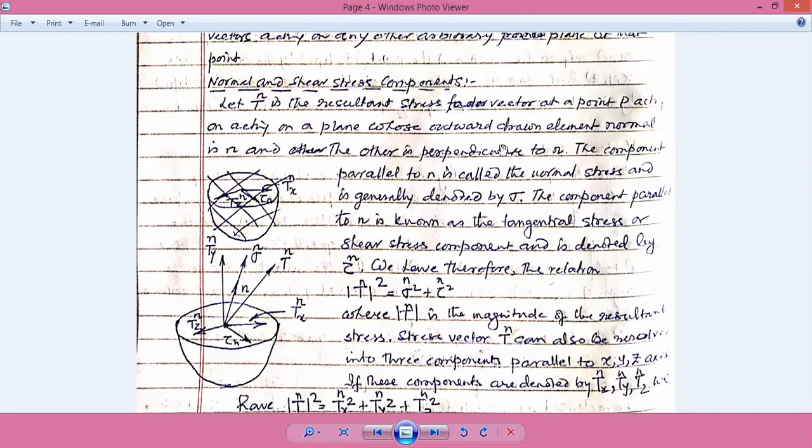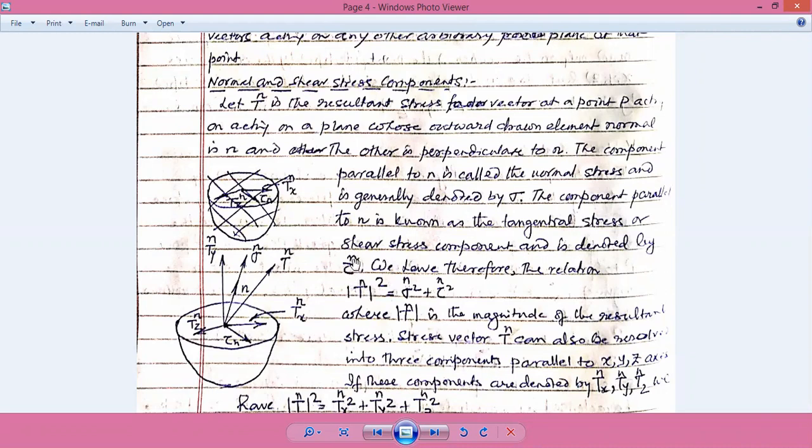One stress is acting along the normal, and another stress is acting perpendicular to the normal. The component parallel to the normal is called the normal stress, denoted by sigma, as we already know, and the component normal to n is known as the tangential stress or shear stress, defined by tau.